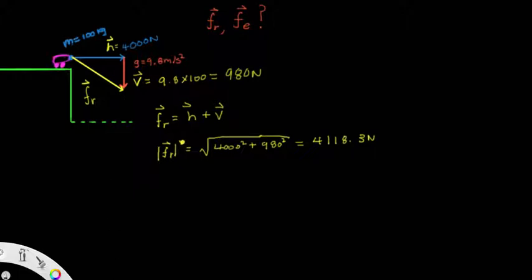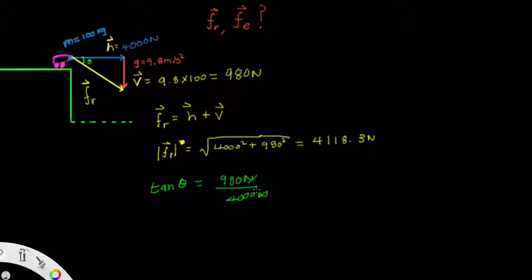Let's also figure out the angle, and for that we're going to recognize that the tangent of that angle is equal to the ratio of 980, right? So SOHCAHTOA, tangent is equal to opposite over adjacent, so that's 980 newtons over 4,000 newtons.